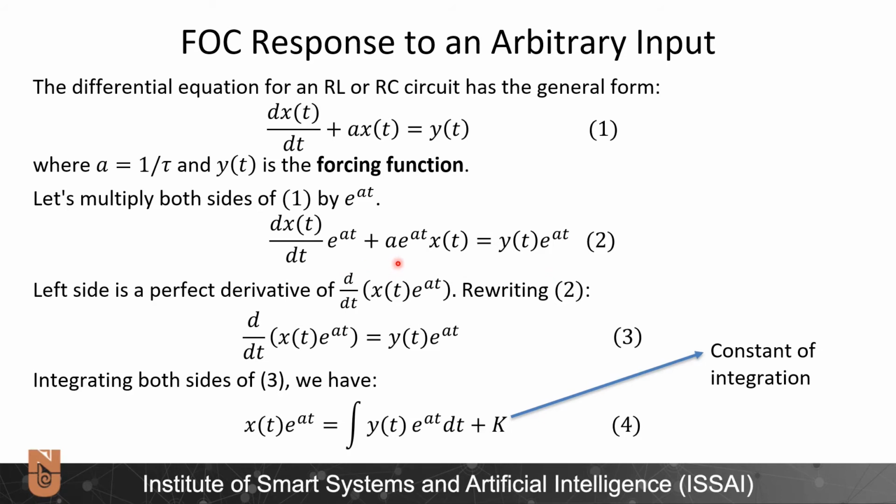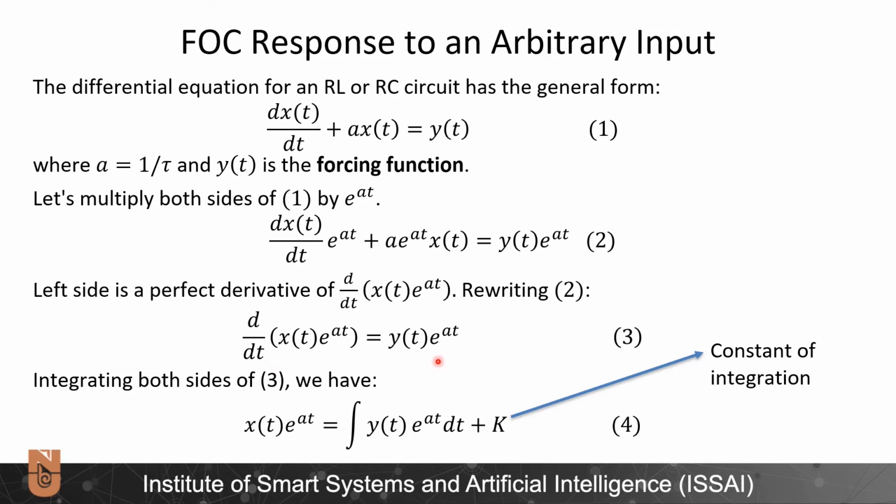When I look at this expression, using my knowledge of calculus, I realize that the left side is the derivative d over dt of x(t) times e to the at. And I replace the expression on the left side with this new derivative expression.